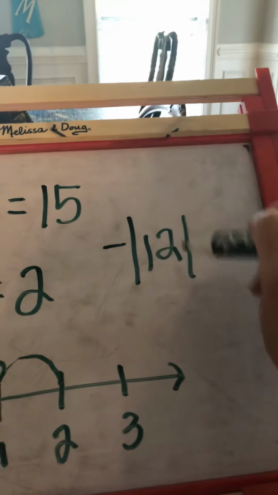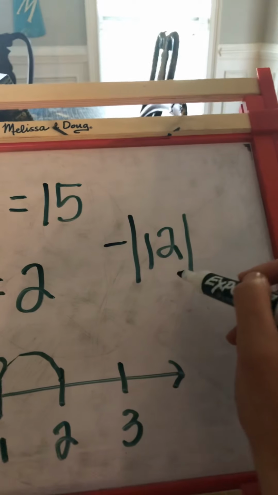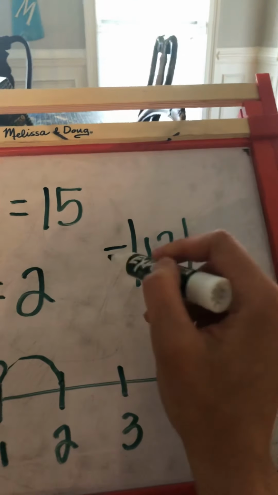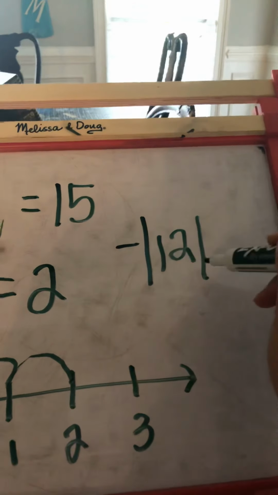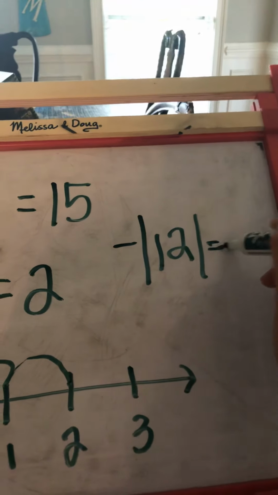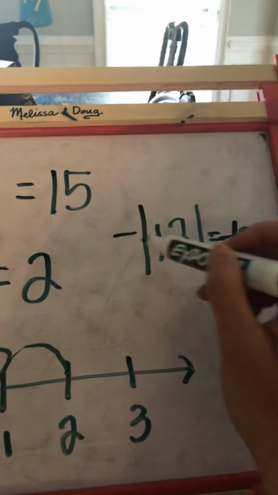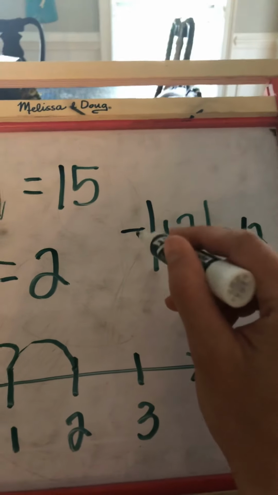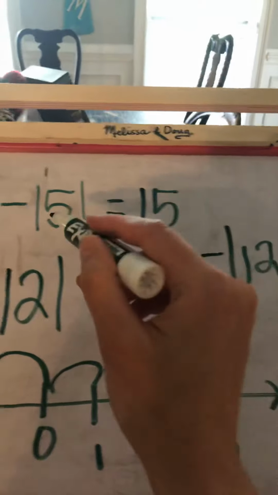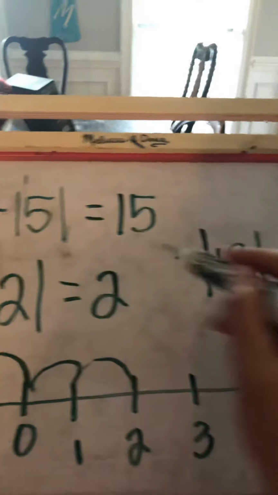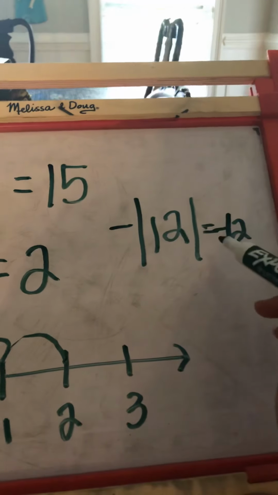The absolute value of 12 is 12, but that's the opposite of that. So when we have our negative on the outside, it is a negative. That's the only time we're going to have absolute value in a negative, is when the negative is on the outside here. If it's on the inside, it's always going to be the positive form. Okay, but if it's on the outside, it will be a negative.